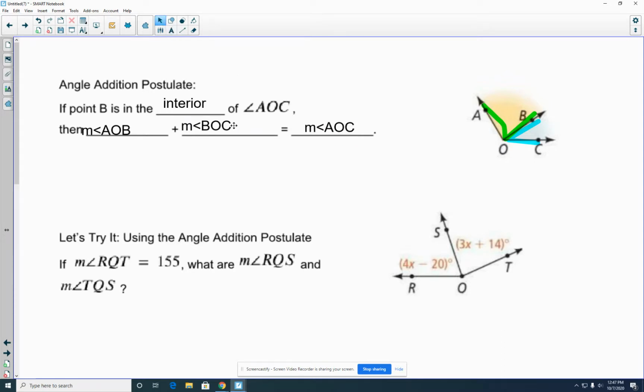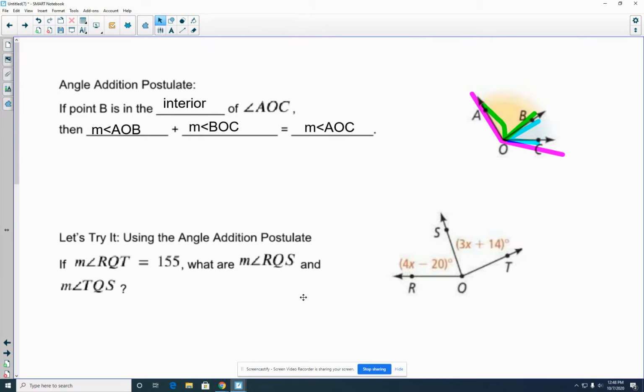There we have it. Like that. So kind of like segment addition, two small angles can add up to form the entire angle. And you can tell that because once I put the green and the blue together, it forms the entire purple here.